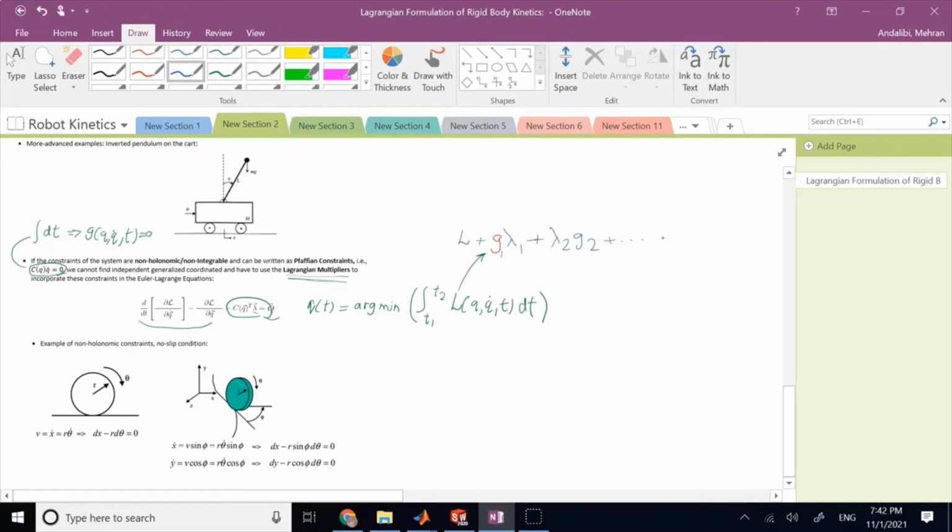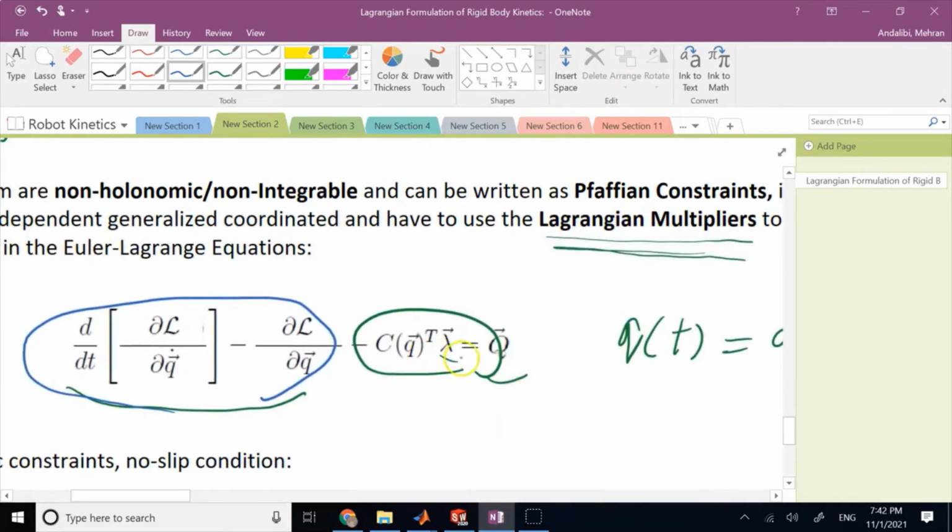If you do that, then when you apply the Euler-Lagrange equation and take the derivatives of the function under the integral to be minimized, not only L would appear and create its terms, but the g terms will create this extra term, which is lambda times C.